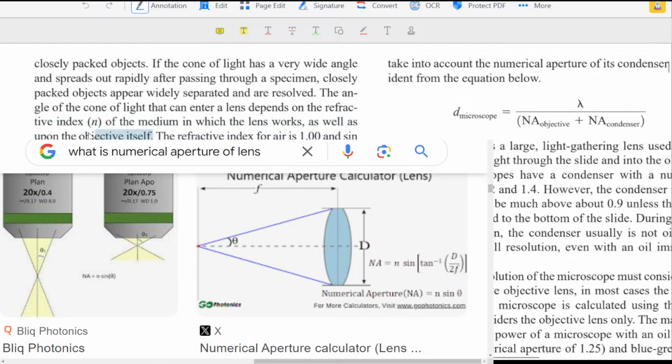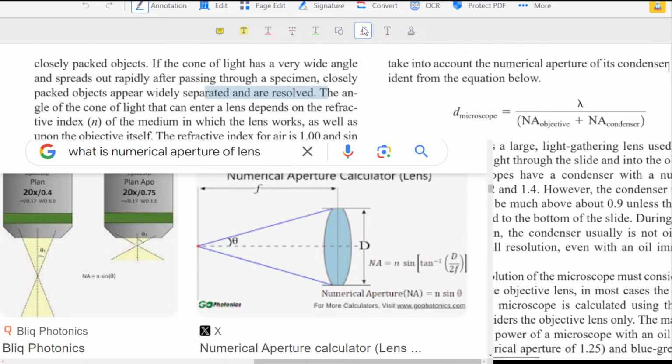Yeah, they are saying it depends on the lens as well, and on the medium as well. The refractive index of the air is 1, and the sin theta cannot be greater than 1. So the maximum theta is 90 degrees and sin 90 is 1. That means the angle shouldn't be greater than 90.